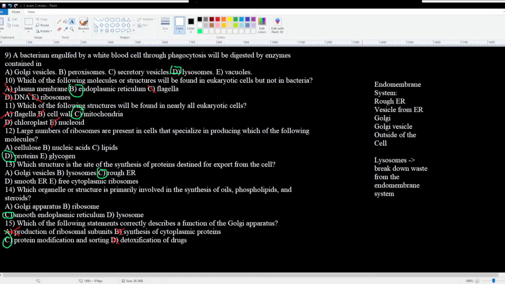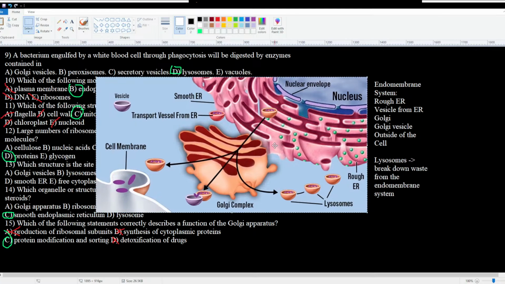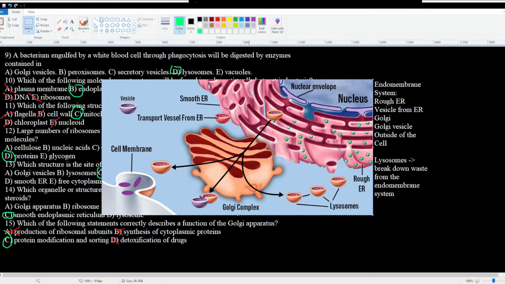And there's a picture of it. Kind of. Well, let me pull up another one. So this is basically a picture of the endomembrane system, right? So we have the nucleus, and the nucleus has all the instructions.